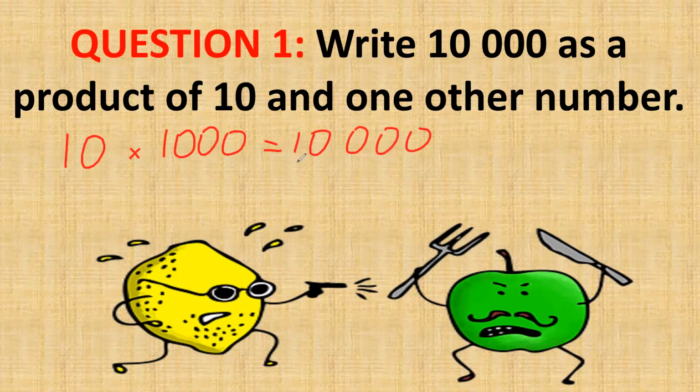So you can write 10,000 as 10 times 1,000. What they said, write 10,000 as a product of 10 and one other number. The other number is 1,000. Just like that, you can write it down.